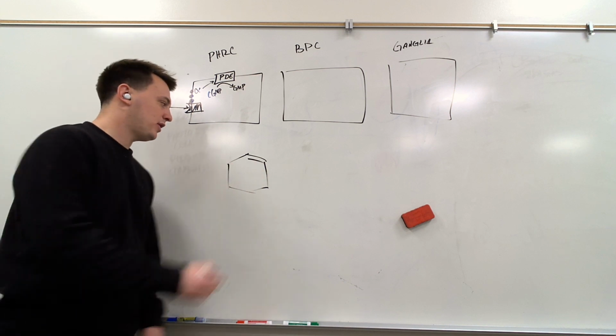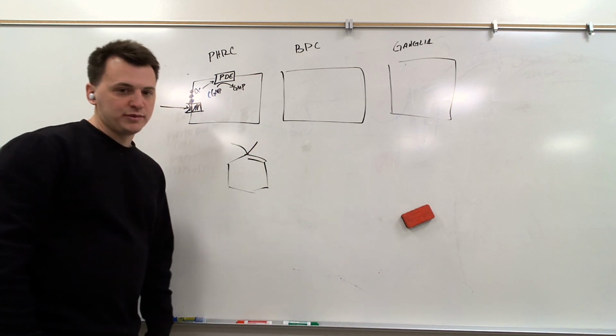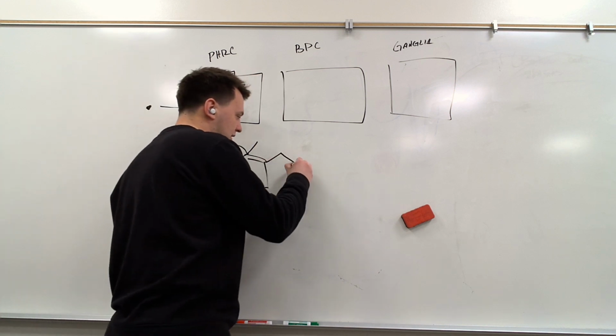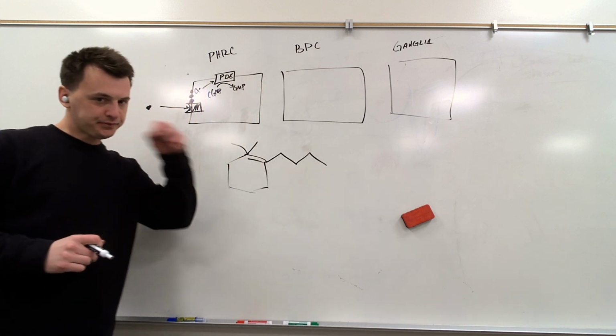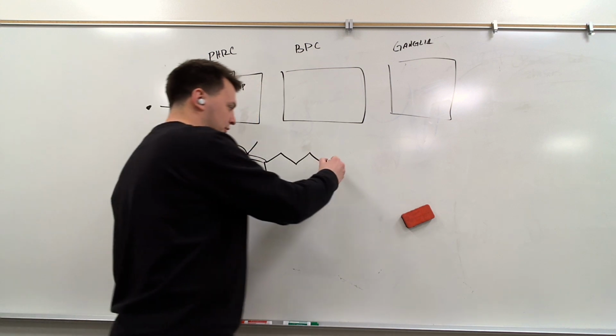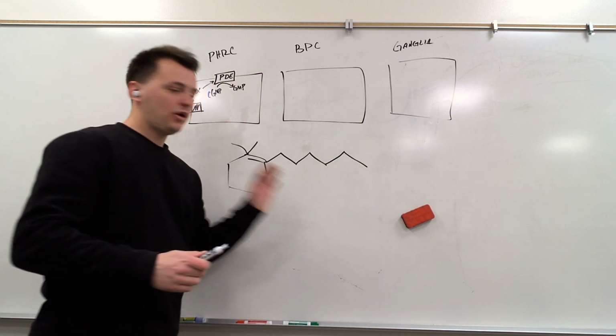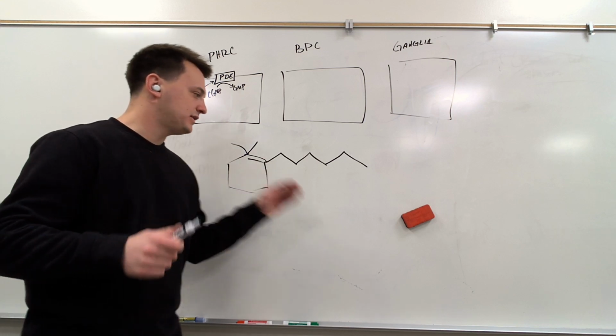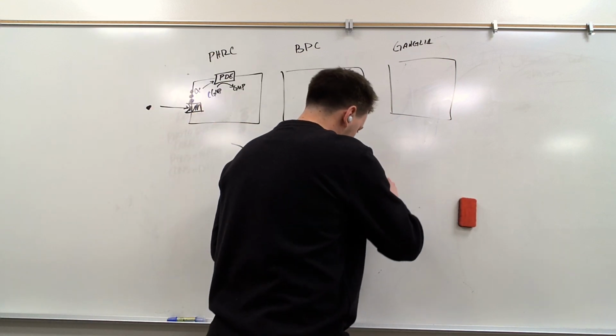So a hexene with a double bond, there's some methyl groups coming right off it, but it also has a carbon chain coming out. And this carbon chain goes on for a little bit. Again, don't count the carbons on this or anything. That's not what's important. What's important is this bond right here.